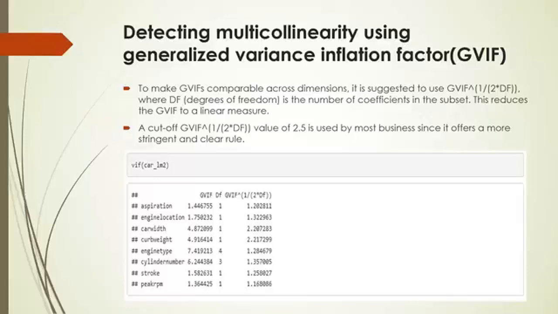A cut-off GVIF^(1/(2*Df)) value of 2.5 is used by most businesses because it offers a more significant and clear rule. And here we check the GVIF^(1/(2*Df)) in our third model for all variables, which is quite good.